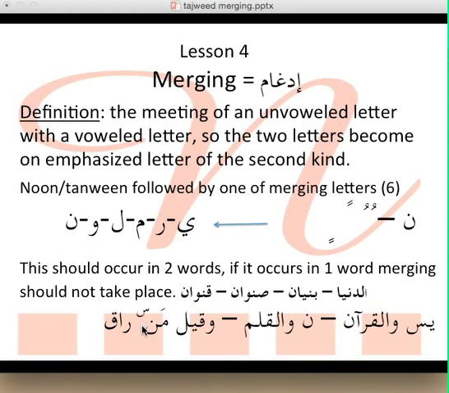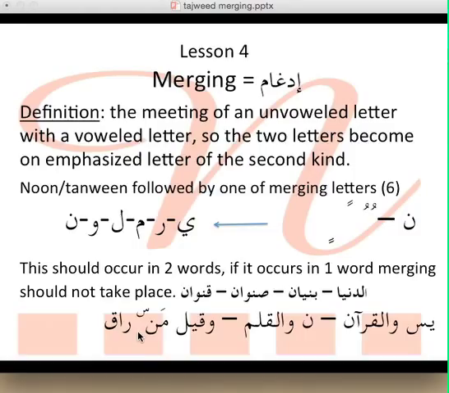The rule of this seen means you stop a little bit. Seen for stopping. Stopping just a second. That's the length of stopping. Why don't we merge it? Because we stopped here a little bit, we cannot apply the hukm al-idgham.